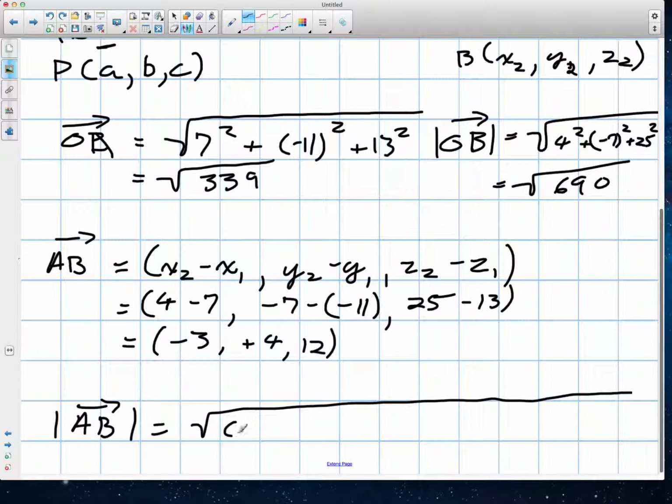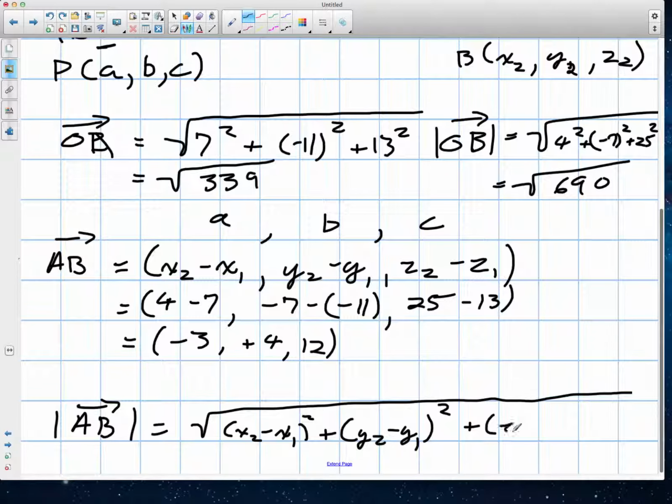We take x2 minus x1, which gives us our A value. Remember, this gives us A, B, and C, which was our original formula above. And we square it, plus y2 minus y1, square it, plus z2 minus z1 squared.